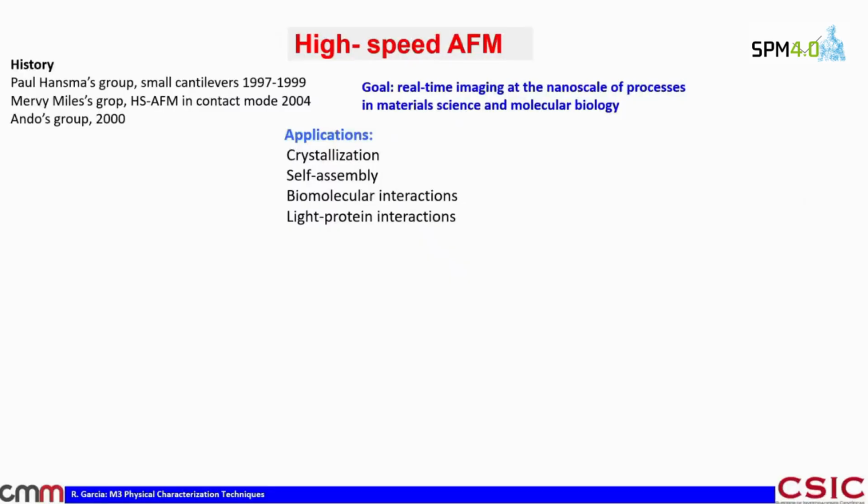High-speed AFM is an advancement of the AFM that has only now been realized, but from the beginning, the pioneers of the AFM, Paul Hansma's group, for example, a leading scientist driving the use of the AFM in biology, realized the limitation of the AFM, which is actually part of the motivation of this network: the low throughput, the slowness of the imaging.